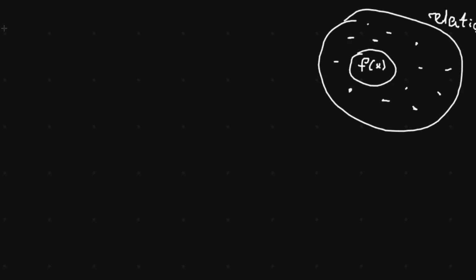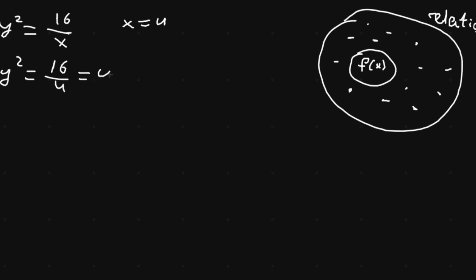One example of that is y squared is equal to 60 over x. This might look like a function at first glance, but it is not. It is just a relation. Because now let's say we inputted 4 in that equation. X is 4. We will get that y squared is equal to 60 over 4, which is 4.